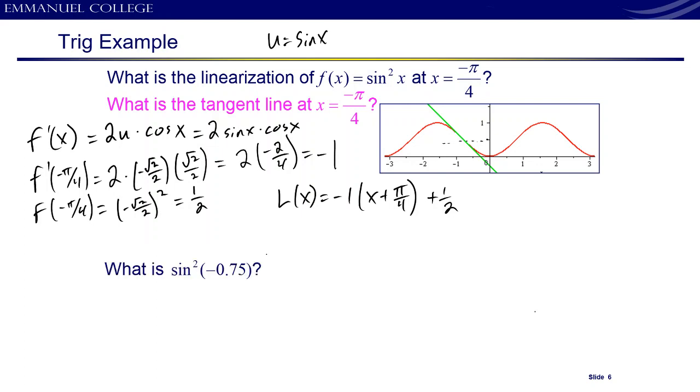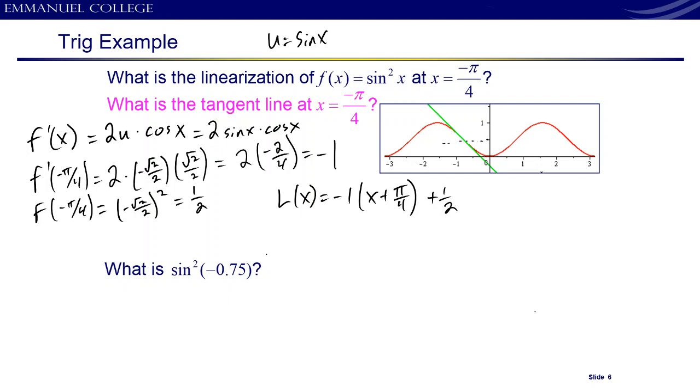So here's a case where, like I was talking about, when would it be useful? Sine of negative 0.75. One, you've already got a lot of estimation going on.